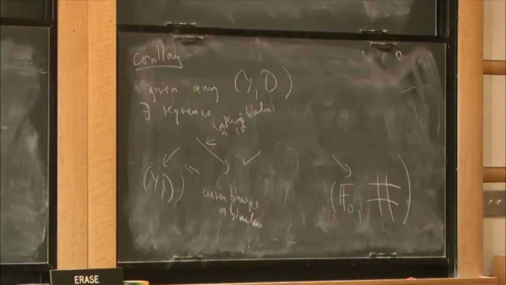If we fix the self-intersection sequence d1 up to dr, then there are only finitely many deformation types of pairs (Y, D) with this self-intersection sequence. There may be more than one. It's not too hard to find examples where there is more than one, but there are only finitely many.